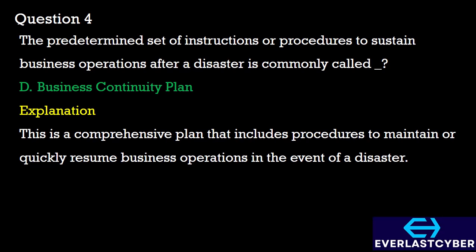The disaster recovery plan is just a subset of the business continuity plan because the disaster recovery plan focuses only on restoring the IT systems and data after the disaster. So that's why the best answer for this question is option D, the business continuity plan.